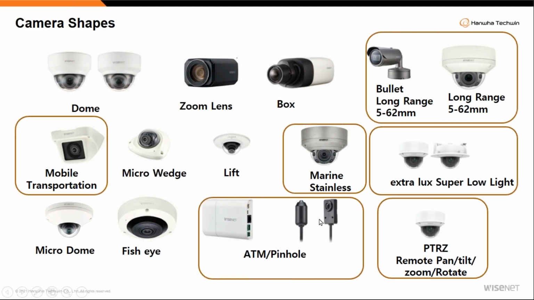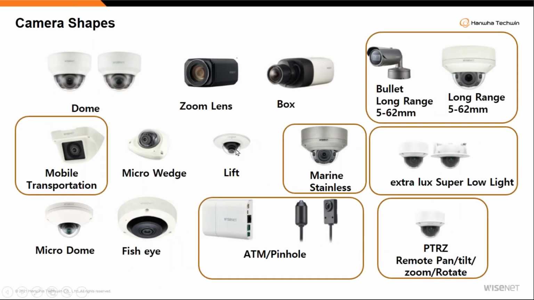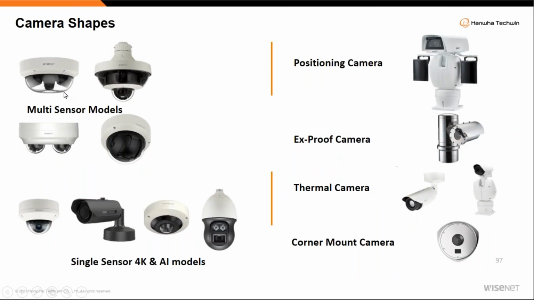Okay. Now, then there are also multi-sensor cameras. Most of the cameras that you saw here, they have only one lens, but you can also have cameras with multiple lenses in one body. What is the benefit?